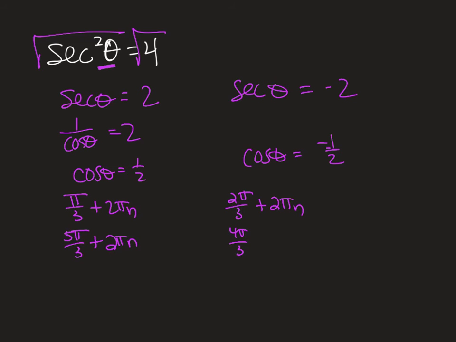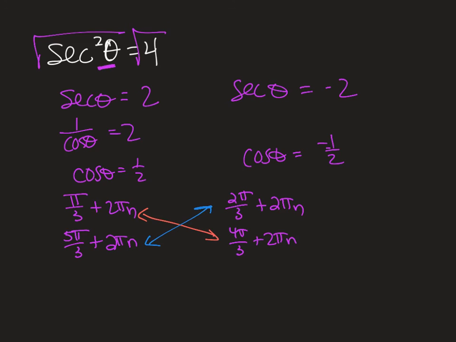So there we've got this. Now, you can write them all like this if you would like. It's not a big deal, but remember, these guys, pi over 3 and 4 pi over 3, form a straight line, and 2 pi over 3 and 5 pi over 3 form a straight line.